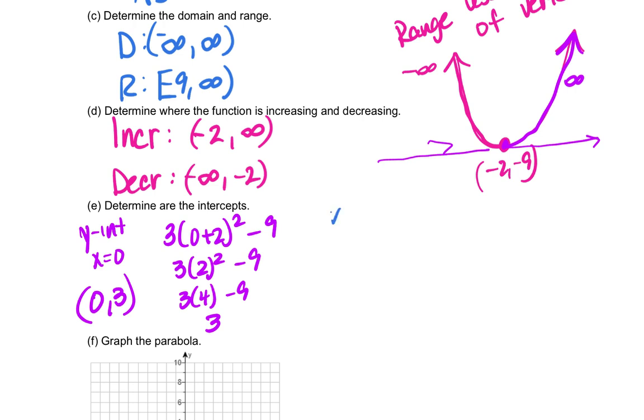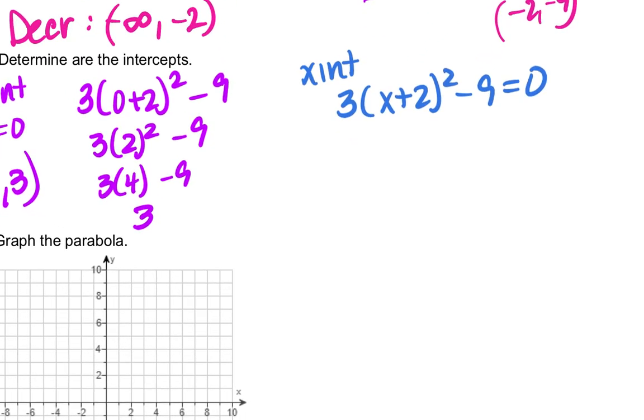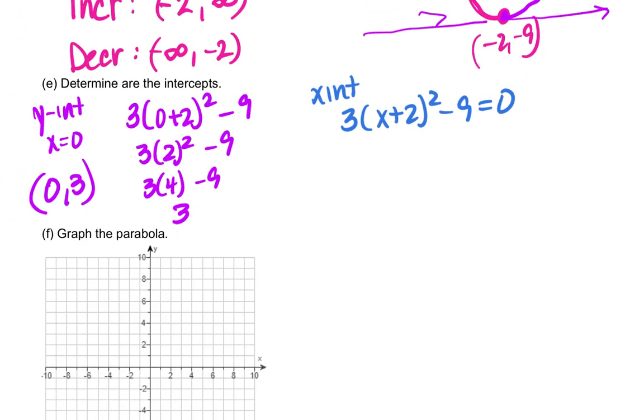And then the x-intercepts are when the equation is actually equal to 0 itself. So I'm going to do the square root method again because of that parentheses with the square. So 3 times x plus 2 squared equals 9. Divide by 3.